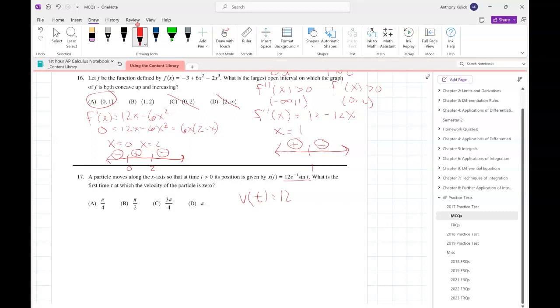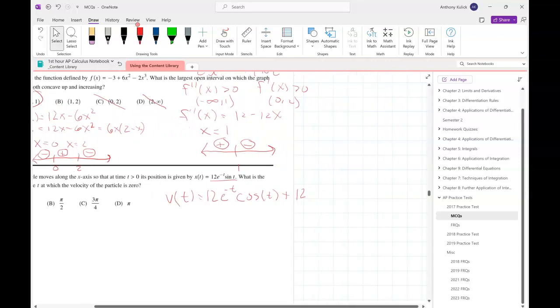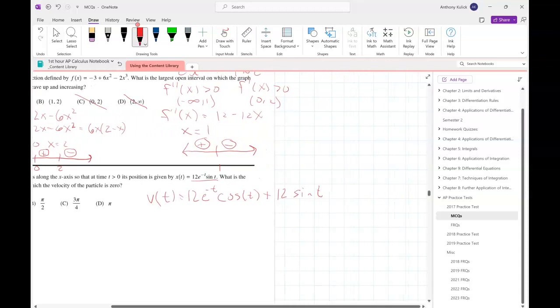So we have 12 e to the negative t, and the derivative of sine is cosine, plus 12 sine t, and the derivative of e to the negative t is e to the negative t times the derivative of negative t, which is negative 1. Is everybody okay with the derivative?